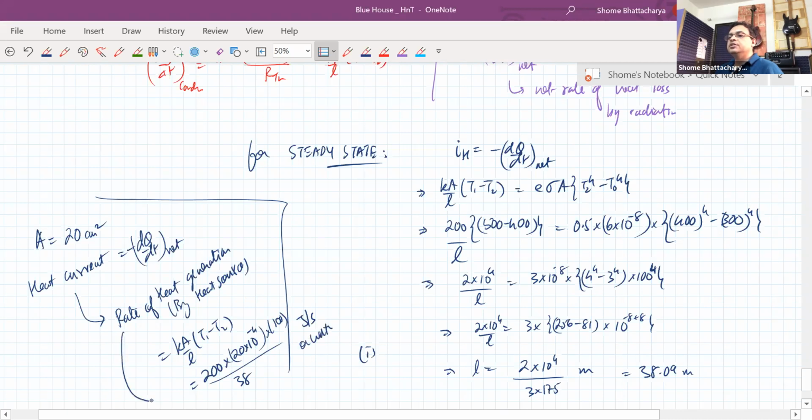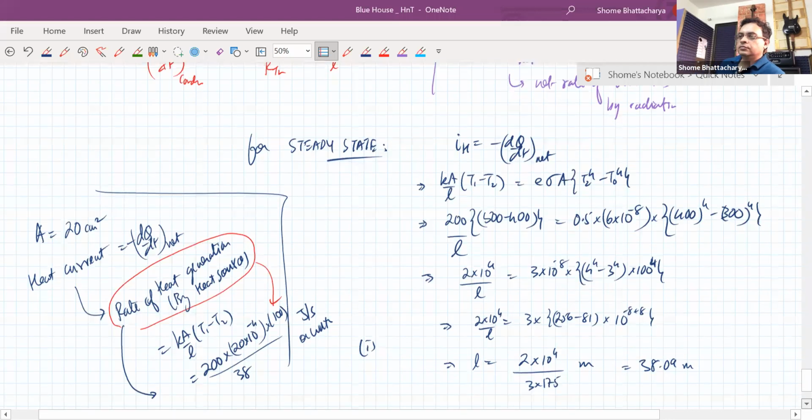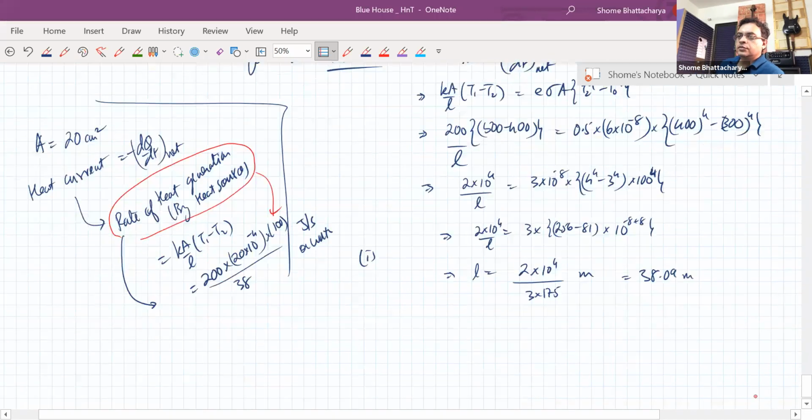So this will be the rate at which the heat source is generating heat. This will be equal to this value. Okay, so hope this is clear to all of you.